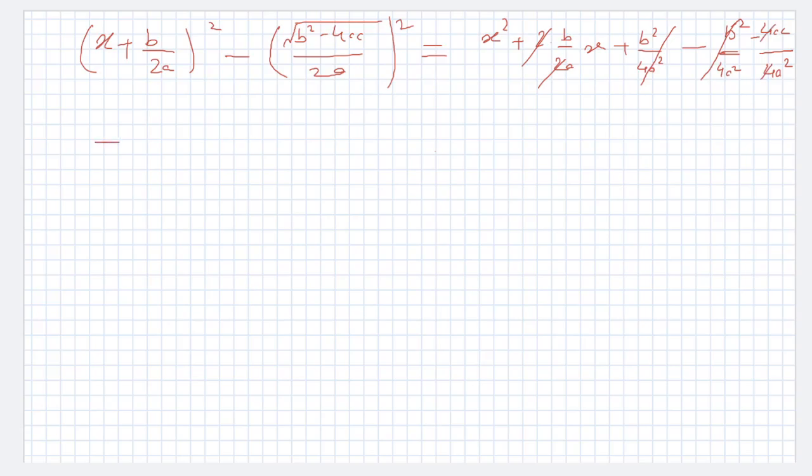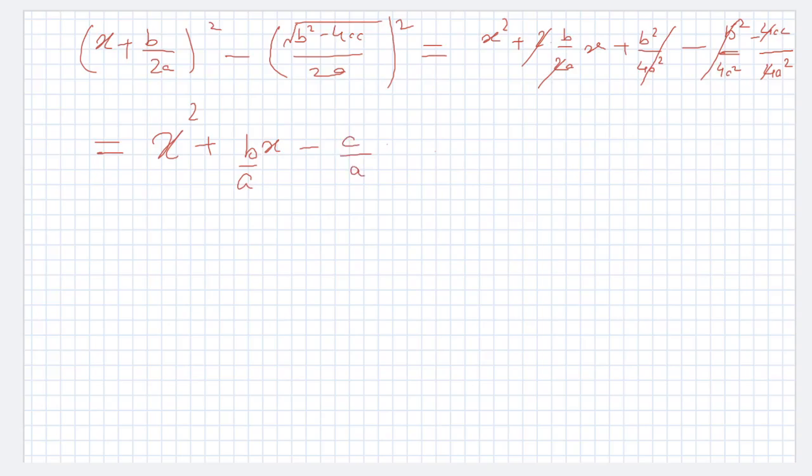Let me write it down here in a tidy way. x square plus I get b over a x, and then over here is minus 4ac over 4a square. 4 is cancelled, a in denominator is cancelled, so I get minus c over a.